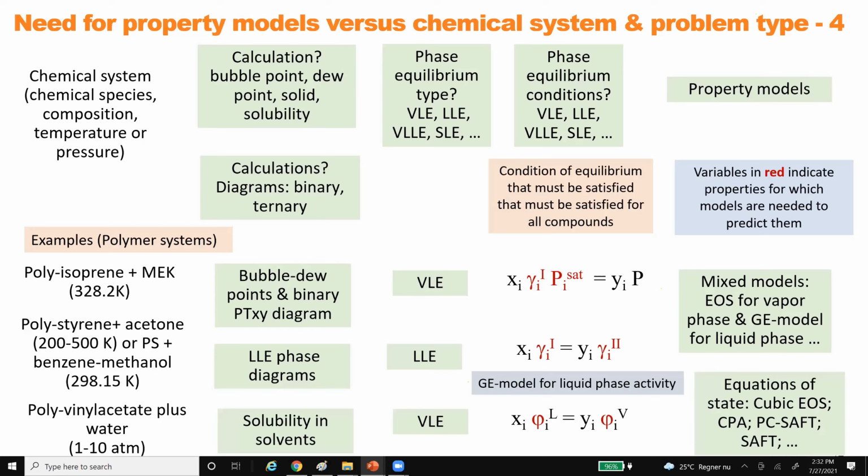If we have polyvinyl acetate with water, this will be vapor-liquid because the water will vaporize out, and then we can use the fugacity criteria and an equation of state. So what you see is that depending on the conditions and chemicals, different models will be needed.